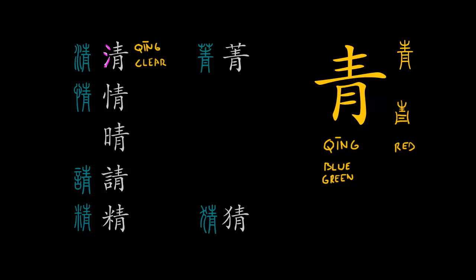The second character in the series is pronounced Qing in the second tone. And it means emotion or situation. And the semantic element, basically the thing that points to the meaning in this character, are these three strokes, and it is the radical heart.